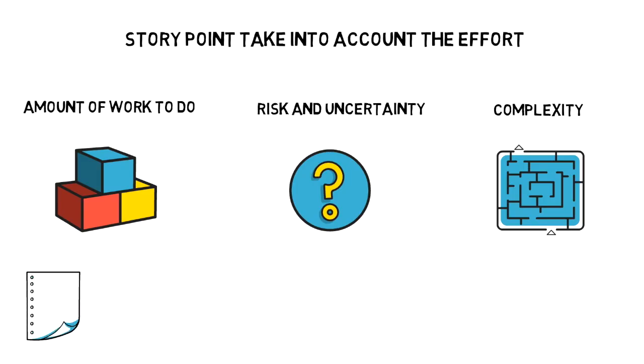The first task is to fold 10 papers, and the second task is about folding 100 papers. Although it's the same action, and the second task is not more complex than the first one, still, the second task requires more work and should be given more story points. It probably doesn't get 10 times more points, even though there are 10 times as many papers, but it should definitely have more story points.